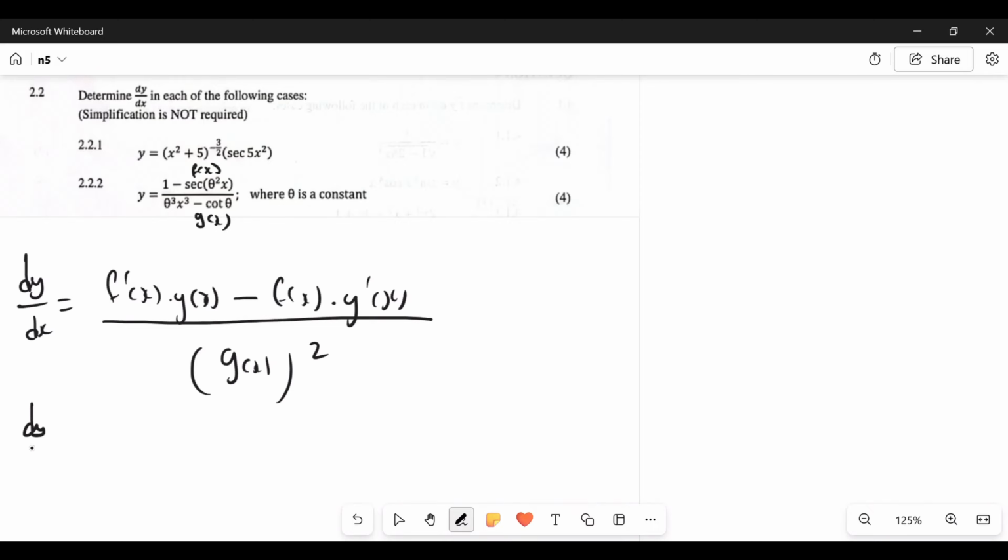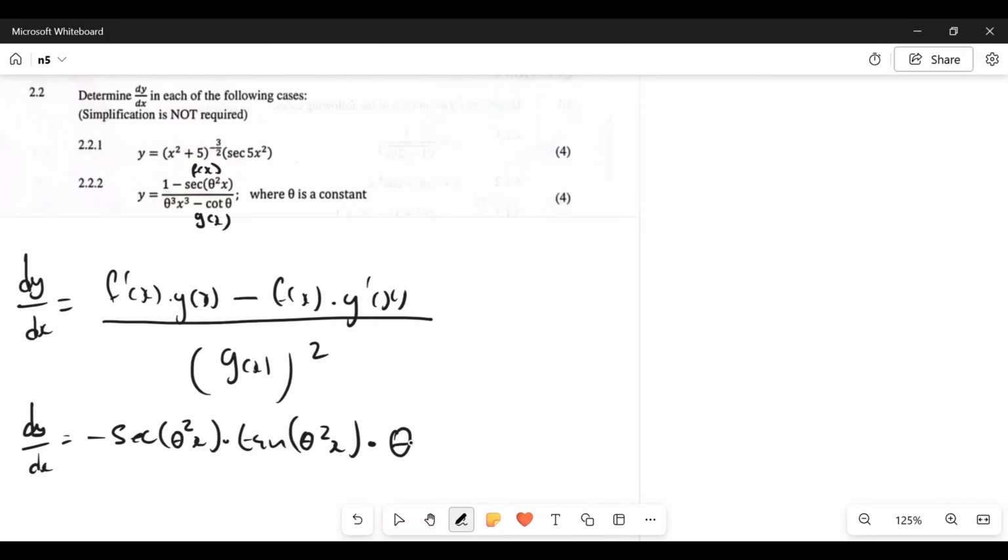So dy over dx is going to be our f of x, remember, is the numerator, 1 minus sec theta squared x. So when you derive 1, it's 0, but the derivative of sec is going to be negative sec theta squared x multiplied by tan theta squared x multiplied by, this time around we derive what is inside them.